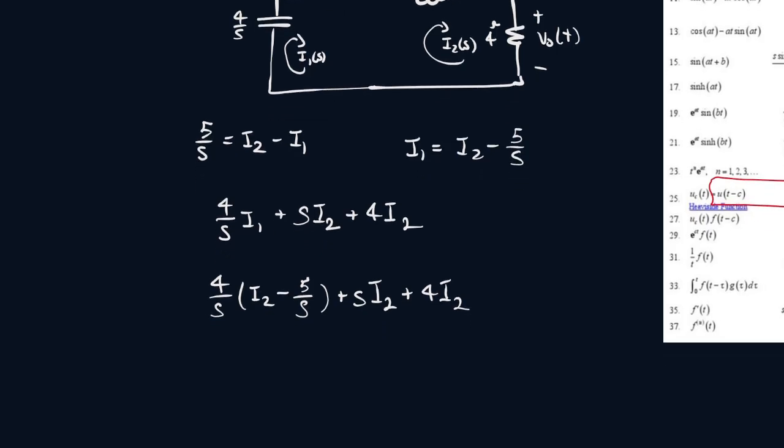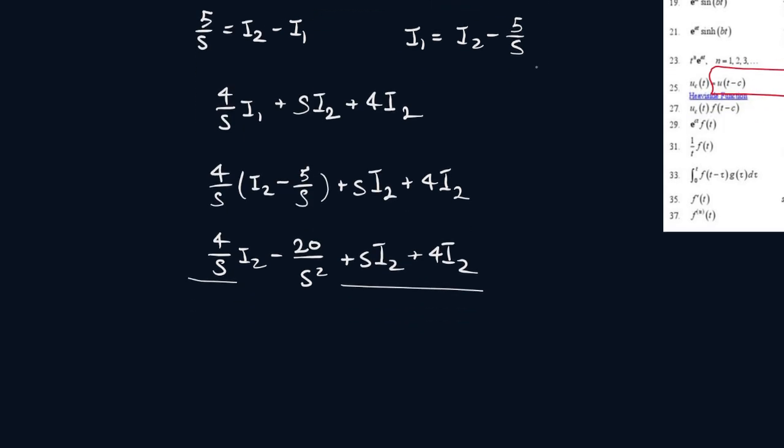Okay, so I'm going to FOIL everything in. So that'll be 20 minus 20 over S squared plus S I2 plus 4 I2. Alright, now I'm going to combine all of these.